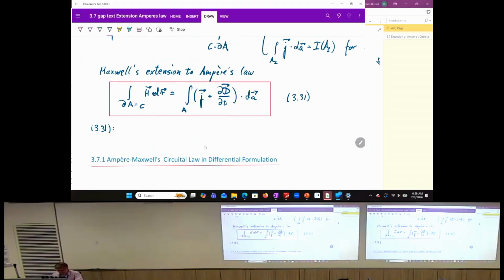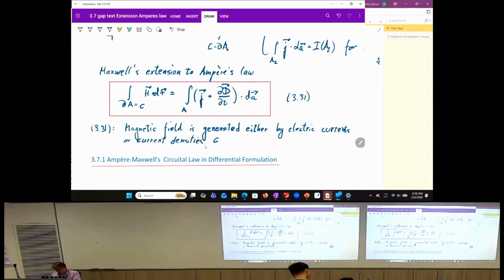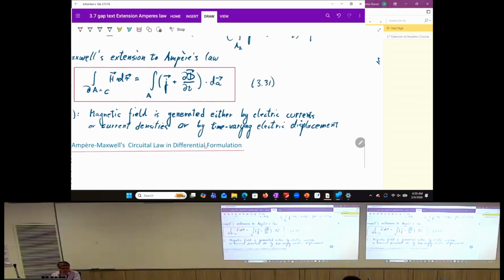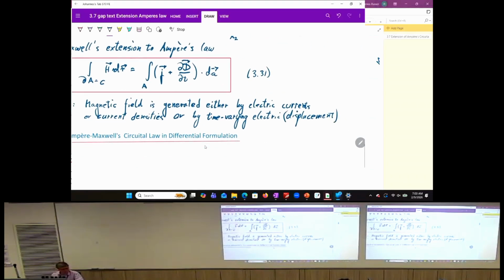This is the essence of the extension, that the magnetic field is generated either by electric currents or current densities, or by a time varying electric displacement. That would basically be by electric fields.